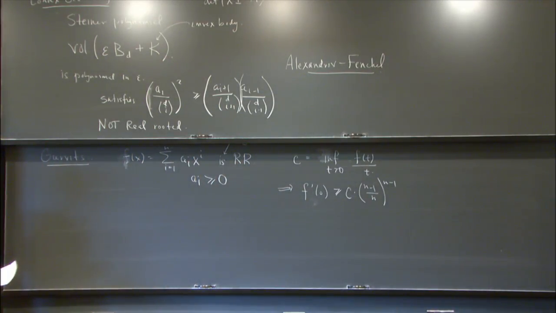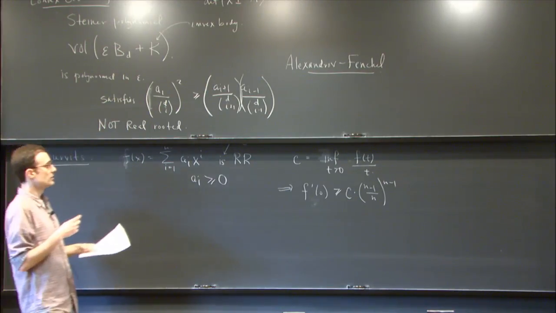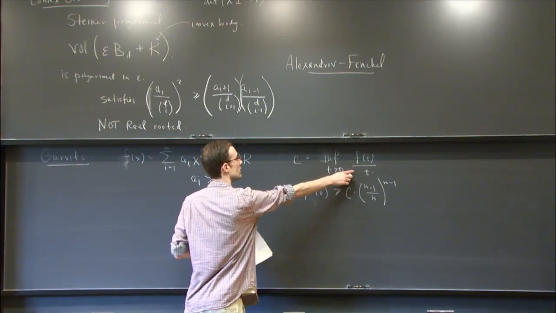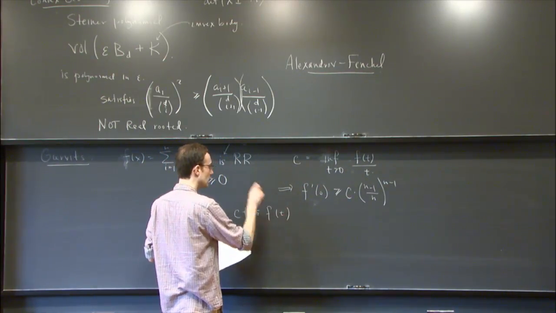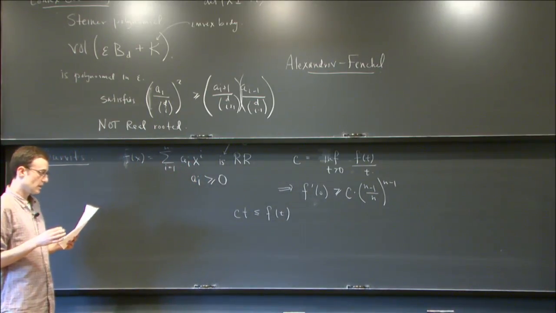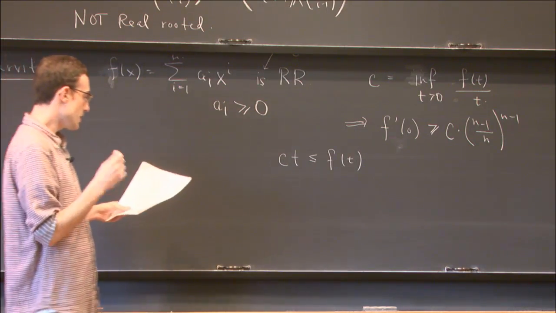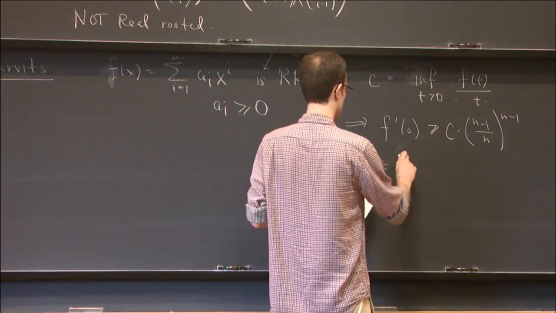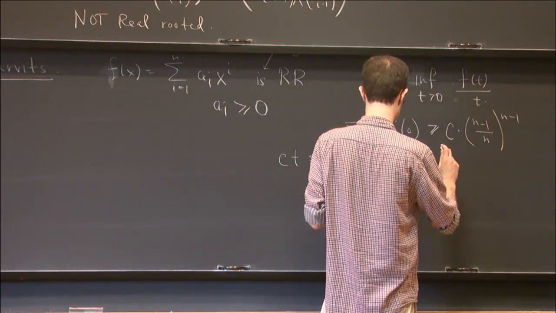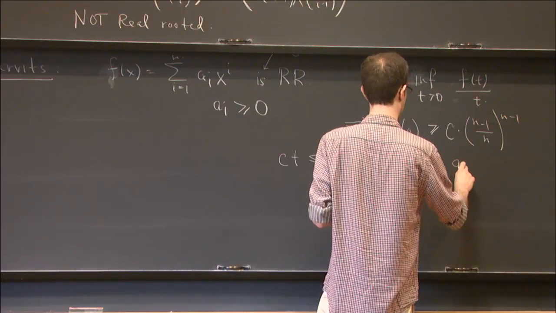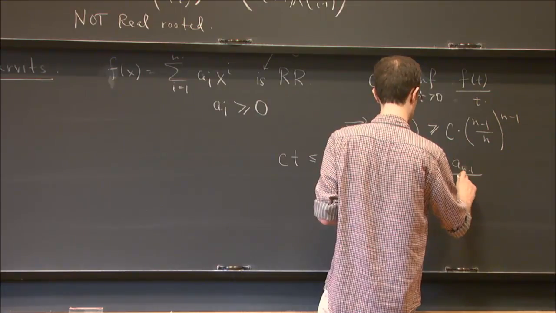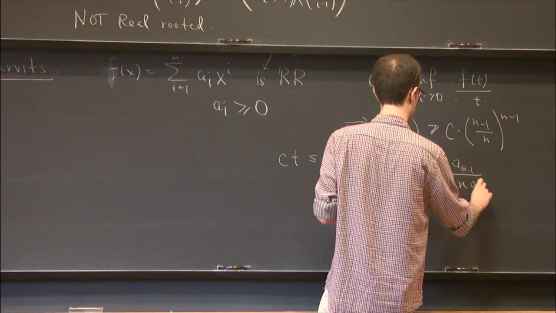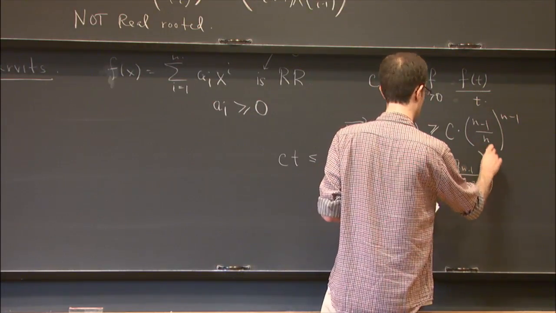And the proof, again, is not particularly hard. What this says is that Ct is less than or equal to f of t for all t. And using AM-GM, you can show that this is less than or equal to 1 plus a_{n-1} over n a_n, to the n.